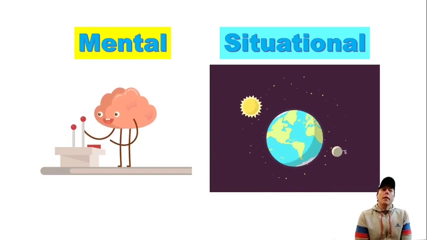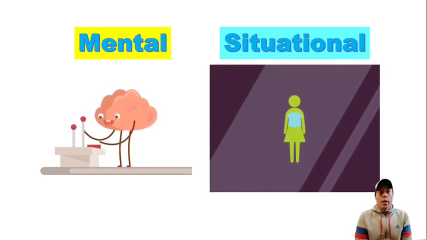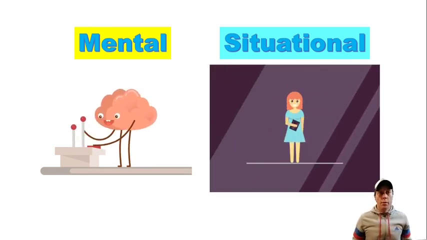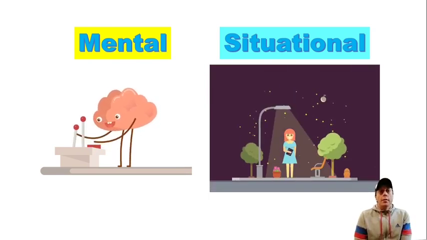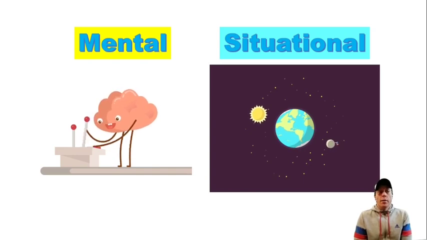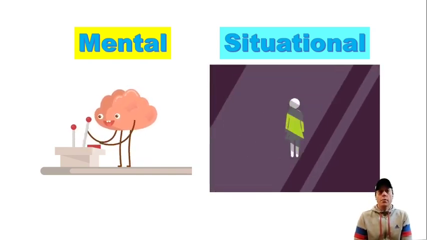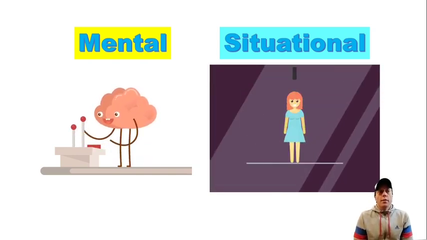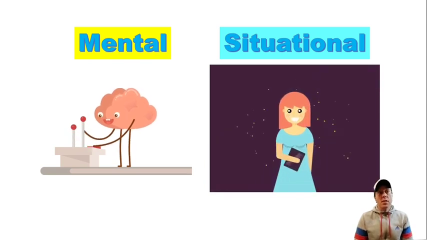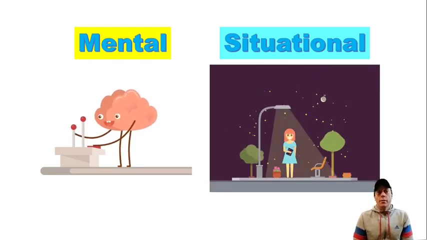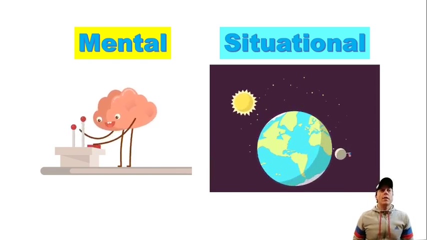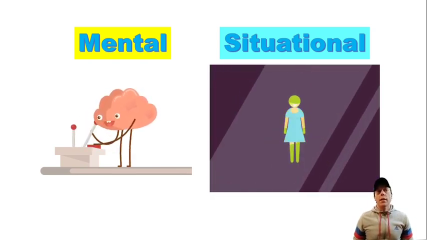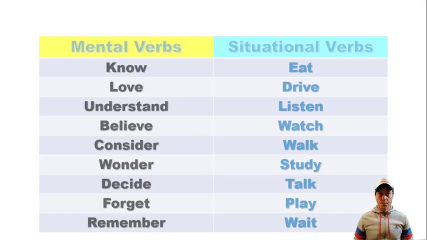Basically, mental language happens in your mind. That is the landscape in which the language occurs, in the mind. And situational language happens in physical time and physical place, which basically means the grammar, the syntax is different for each of these categories. So let's have a look at some examples of mental verbs and situational verbs.